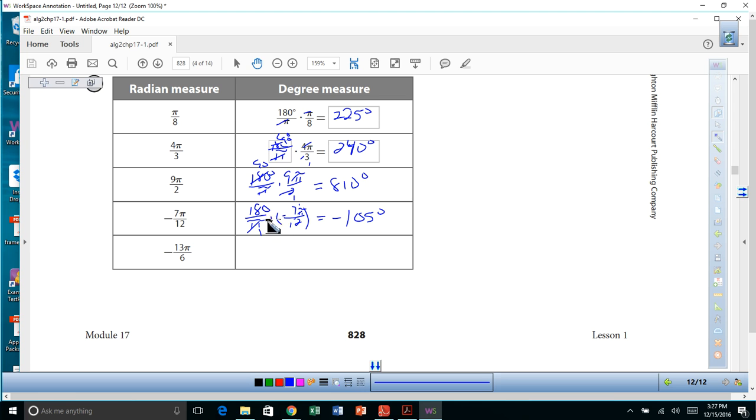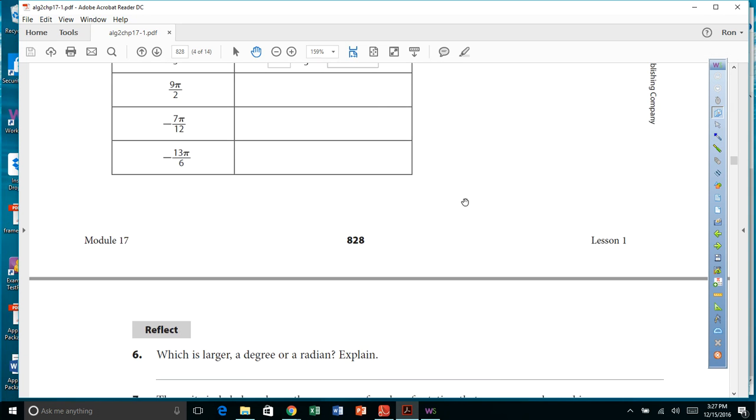And then again, 180 over pi times negative 13 pi over 6. So that's going to be 30, and the pi's cancel out. And 30 times 13, don't forget your negative, is 390, so negative 390 degrees. All right, not too shabby. And you can always use a calculator to help you with those.